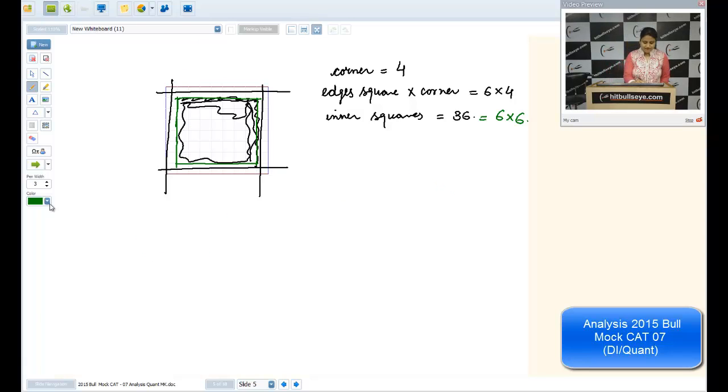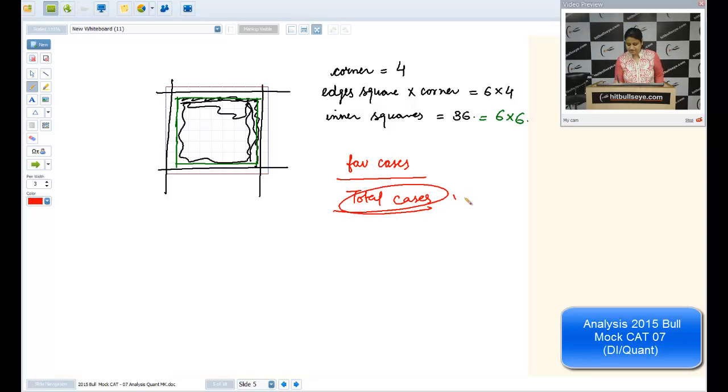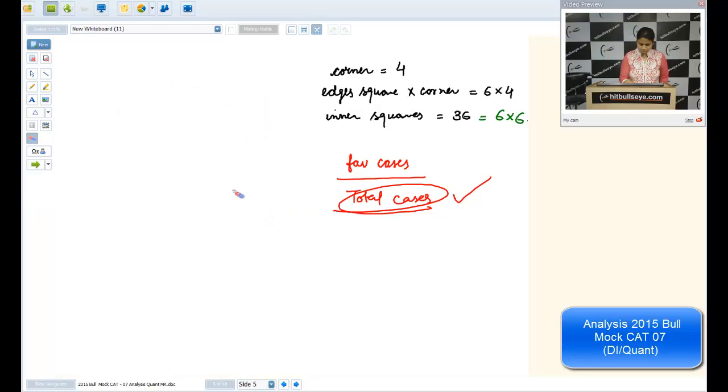Okay. Now, what is the probability formula? Probability is the number of favorable cases over the number of total cases. Now I think you are okay with the denominator part. I'm writing the favorable cases. I'm taking a smaller version of this chessboard.